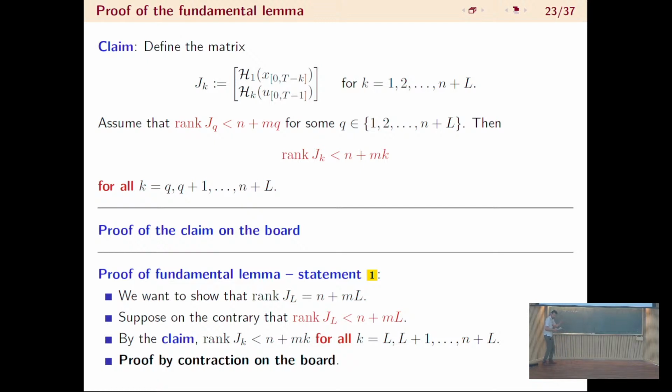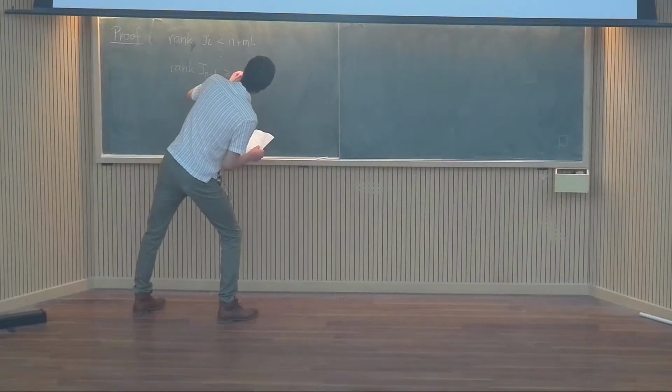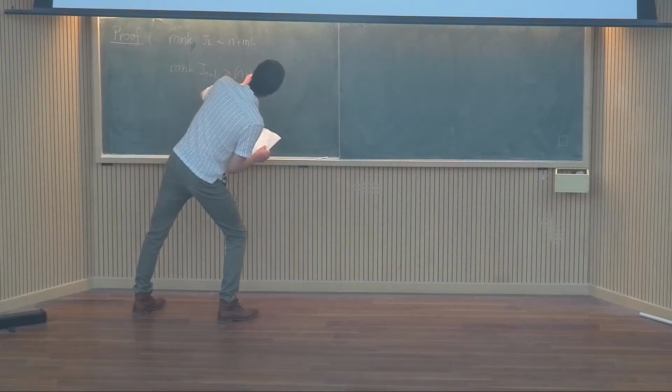On the other hand, if I continue increasing the depth of this Hankel matrix up to the matrix J n plus L, then the rank of that matrix J n plus L must be larger or equal to n plus L times m.